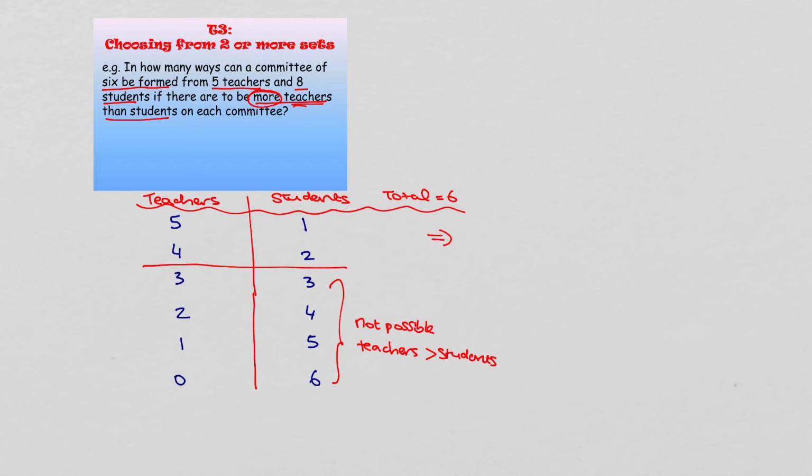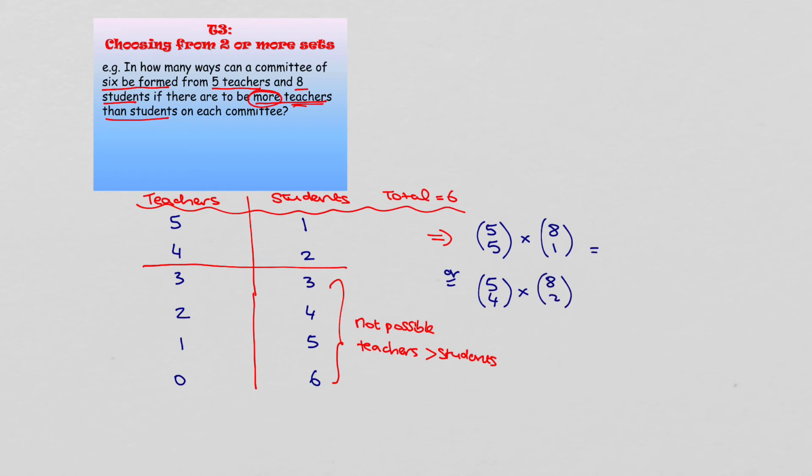So if we have 5 teachers, well, the number of teachers is 5. So therefore we're choosing 5 teachers from 5 and 1 student from 8. So and means we multiply. Or we could have 4 teachers from 5 teachers and 2 students from 8.